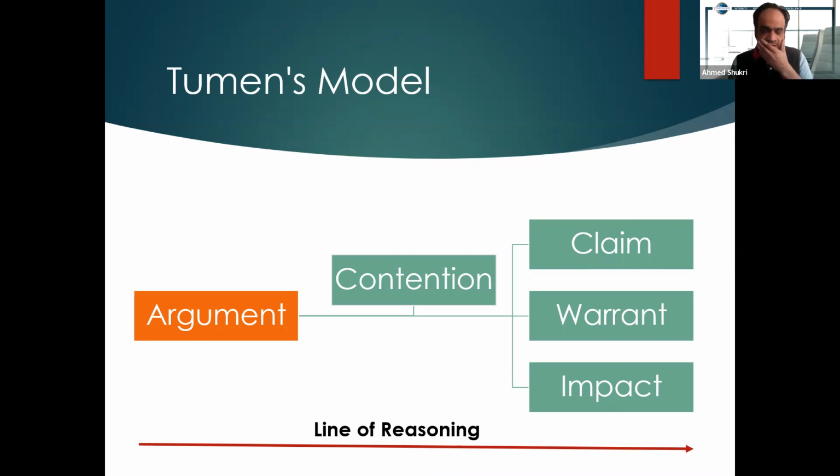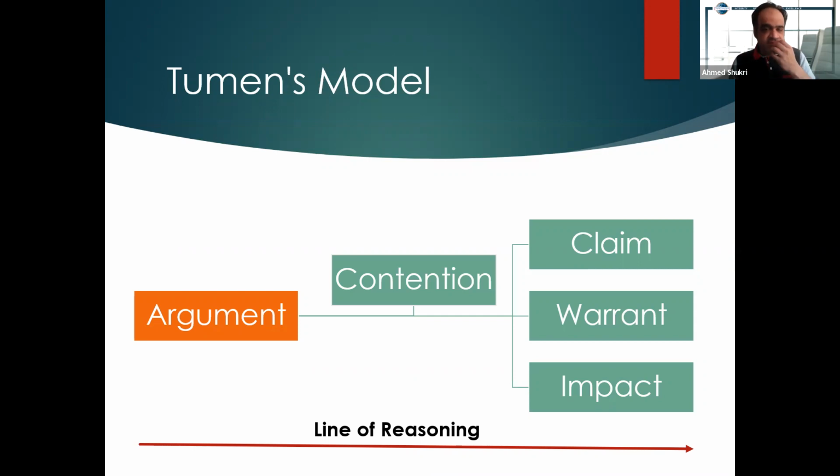The most common and most classical model of building strong cases is called the Toulmin model. And the Toulmin model was constructed in the same time period where the most prominent forms of debate formats were created. It is based on three important elements in your line of reasoning.